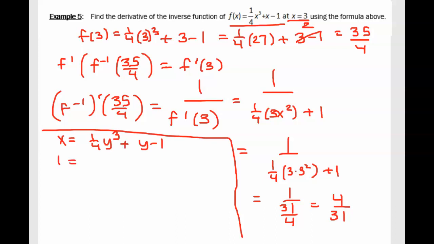So you'd get 1 equals 3/4 y squared dy dx plus dy dx, or 1 over 3/4 y squared plus 1.